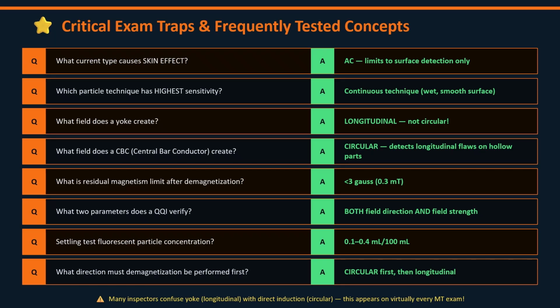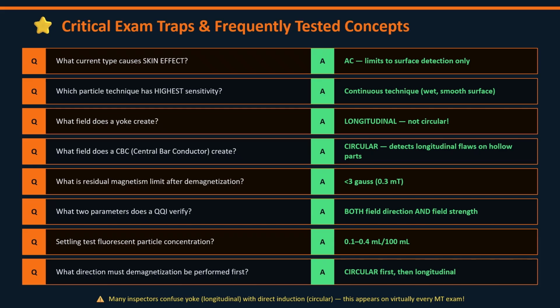The fourth is demagnetization. For the training values shown here, residual magnetism should be reduced below 3 Gauss, or 0.3 millitesla. The QQI is another common examination point because it can demonstrate both field direction and field strength. A field indicator and a pi gauge answer narrower questions.